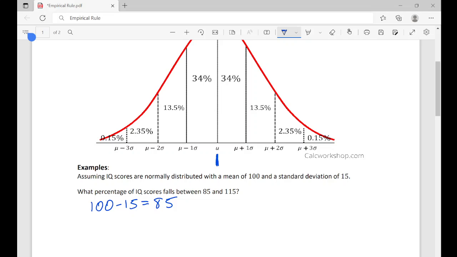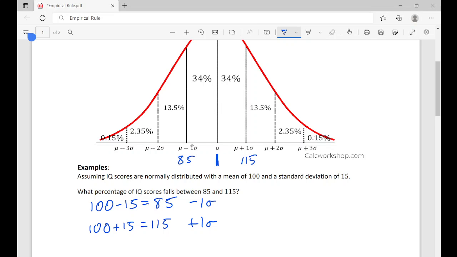85. So that means we've moved down one standard deviation, so minus 1 sigma. And if we take the mean again and add 15, we're going to get 115. So in this case, we've gone up one standard deviation. So 85 is here and 115 is here.